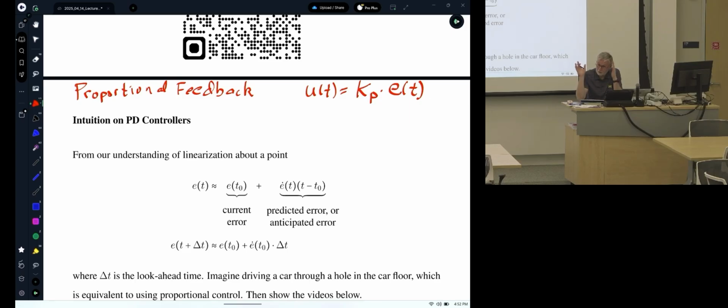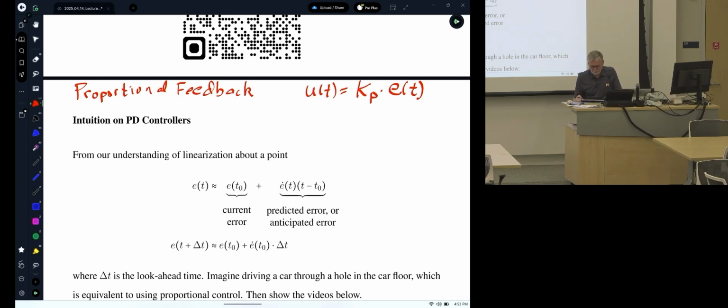We know on real roads there's lines you stay in between, but imagine that there's an additional line to help novice drivers keep in the center of the road, and that's the one that you are using. Now cut a hole in your floorboard and look straight down through that. If you see that line in your hole exactly, then you're right on the path and the error is 0. If that line is to the right, you have to steer to the right to bring it back to the middle. And if it's to the left, you have to steer to the left to bring it back, okay?